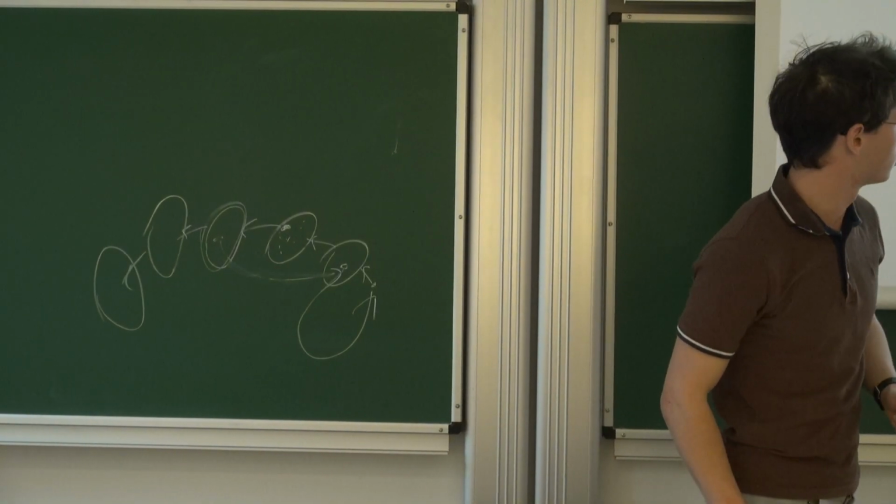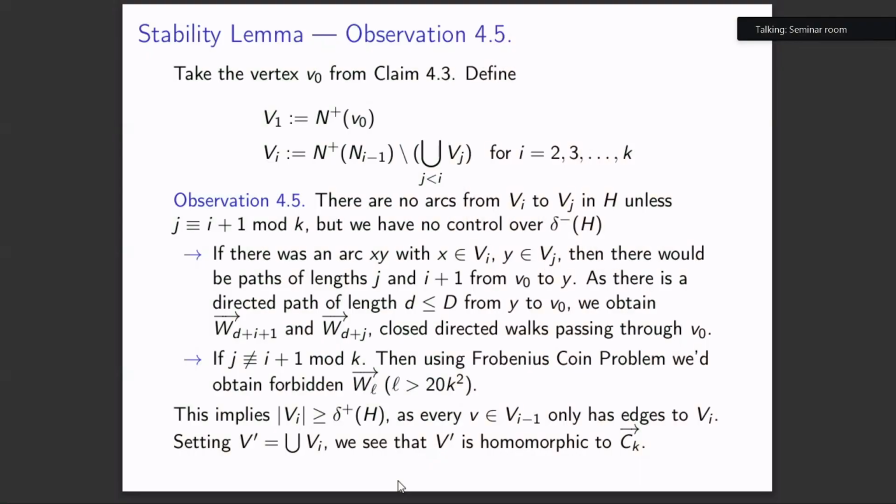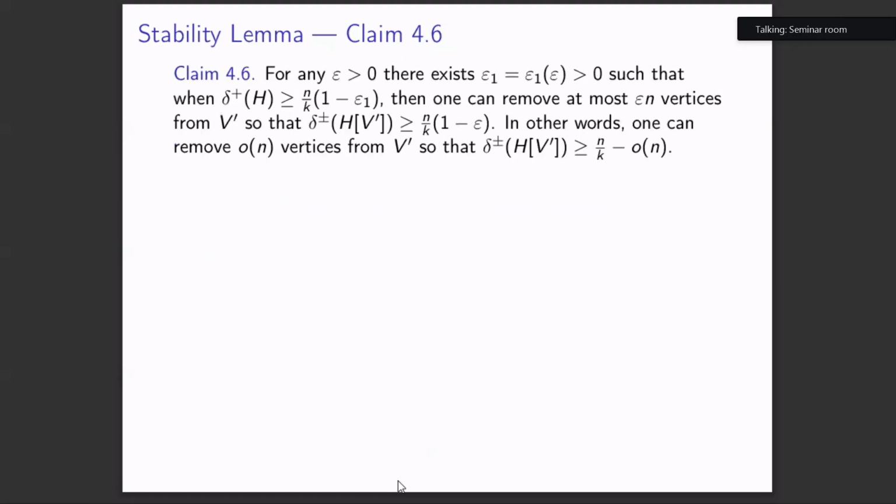Okay, and we have one remaining thing to show in the stability lemma. We just need to prove that we can remove vertices of low integrity. I will show only an idea of it, because the proof is pretty technical.